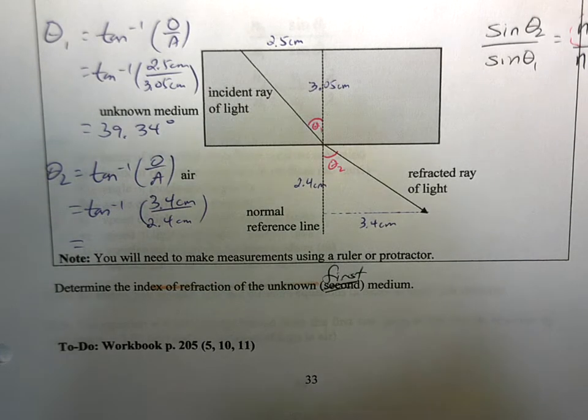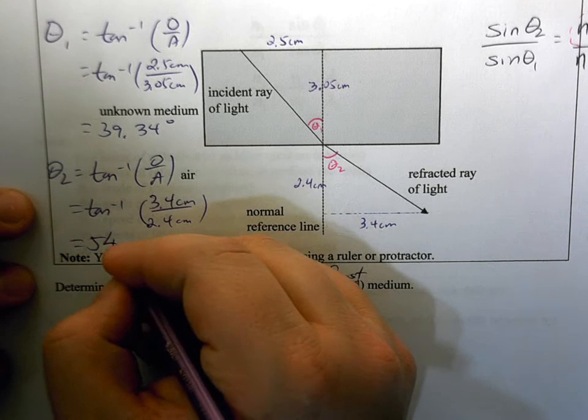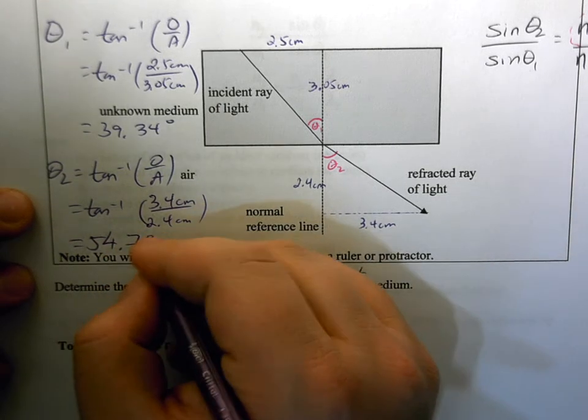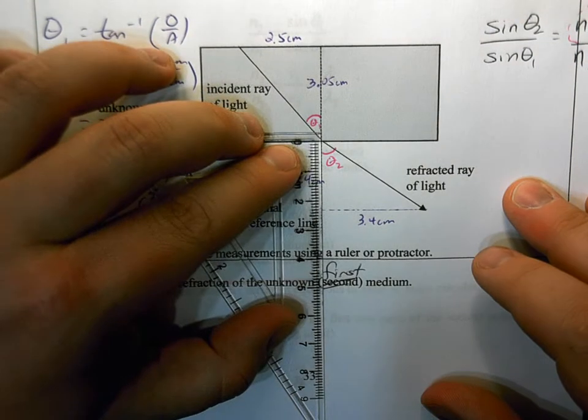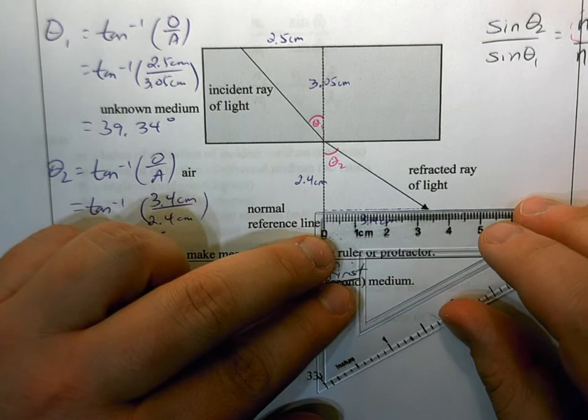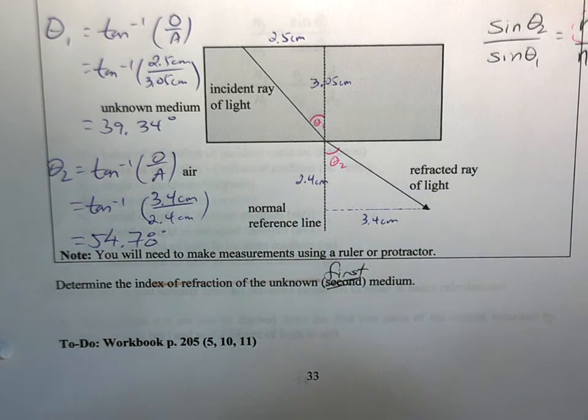That does not seem right at all. That seems way too big. I will go with it. So I'm going to get about 54.78 degrees. That's what I'm getting, but let me double check that. I feel like that number's okay. No, that seems right, and yeah, it is what it is. So I'm going to go with those numbers.